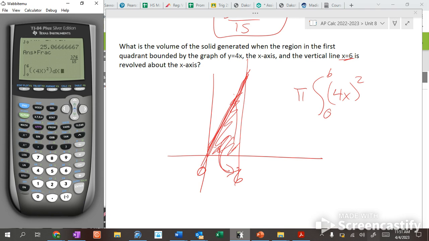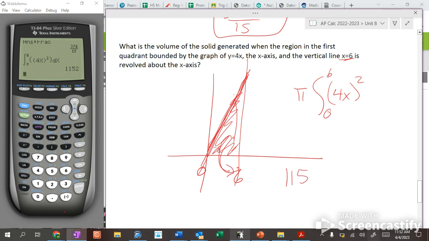Enter. So it's 1152 pi. Rather large. Because if we go over 6, we're like 24 up. And so, yeah, makes a pretty good sized radius there.